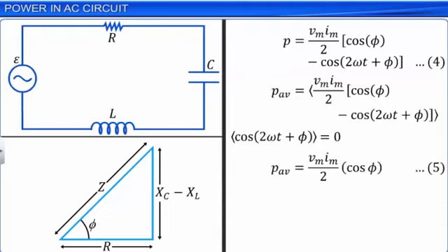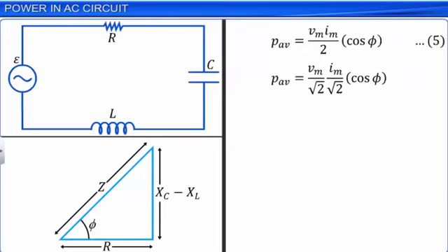We know that RMS values of the AC voltage and the current are given as Vrms is equal to Vm by root 2 and Irms is equal to Im by root 2. Thus, average power dissipated PAV is equal to Vrms Irms cos phi. Let this be equation 6.